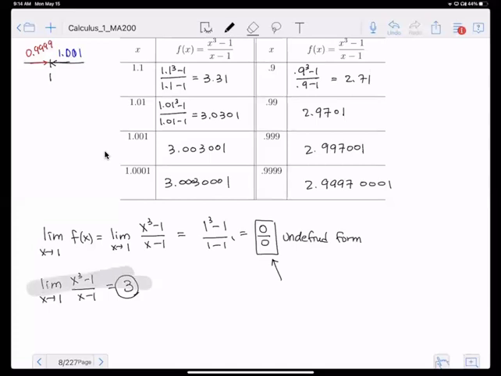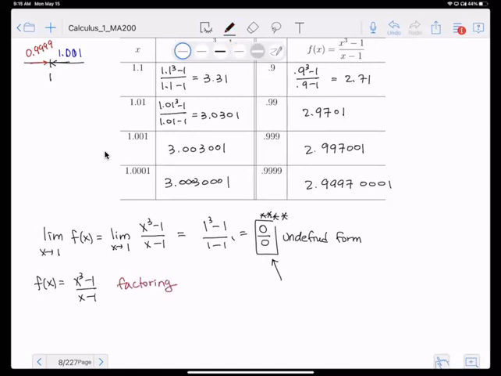So the first thing we want to do is factoring. Here is the original function f of x, that is x cubed minus 1 over x minus 1. The key point of doing this is factoring.